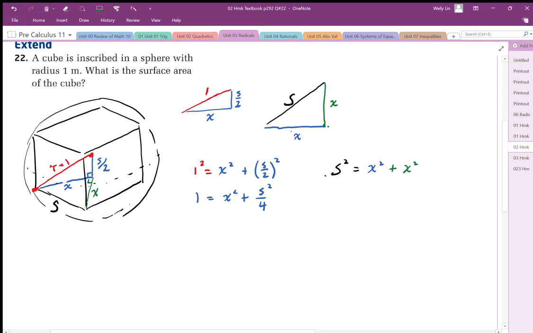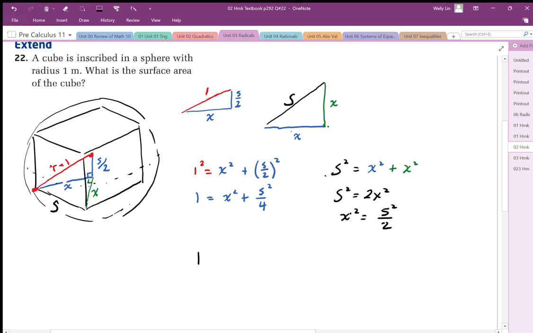And so I'm just going to solve for s squared and say that that is 2x squared. Or in other words, x squared is equal to s squared over 2. So this is a system of equations. I'm going to solve for s squared because s squared actually gives me the area of one of the sides. So I don't really need to solve for s if I know what s squared is.